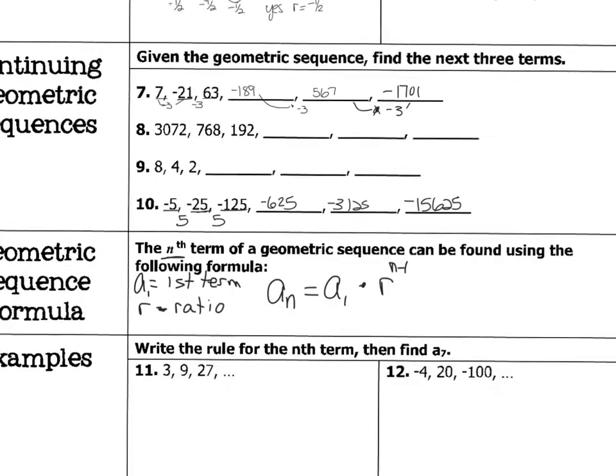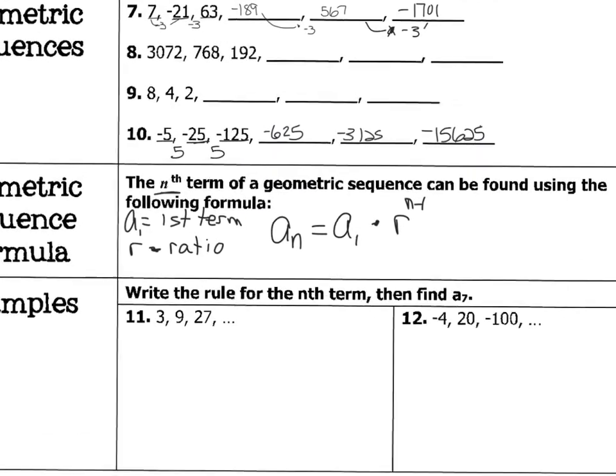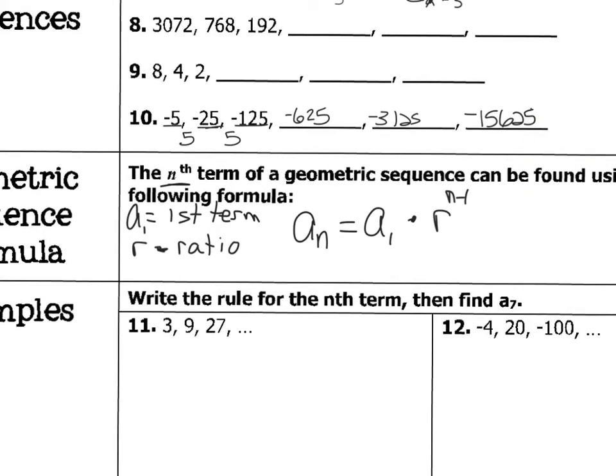All right, so using this formula, we're going to find term 7. See where it says a sub 7? Let me write it a little bigger. A, and it's got a 7 in the sub there. It means it wants you to find the 7th term. See in the formula how it has n?